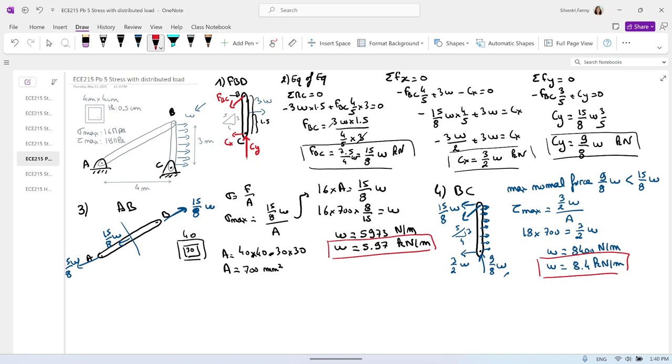And what will be the limit? That will be the lowest, because with the lowest W, the beam will be able to handle both, but the first one will not be able to handle the 8.4. So the answer is the max W is 5.97 kilonewton per meter.